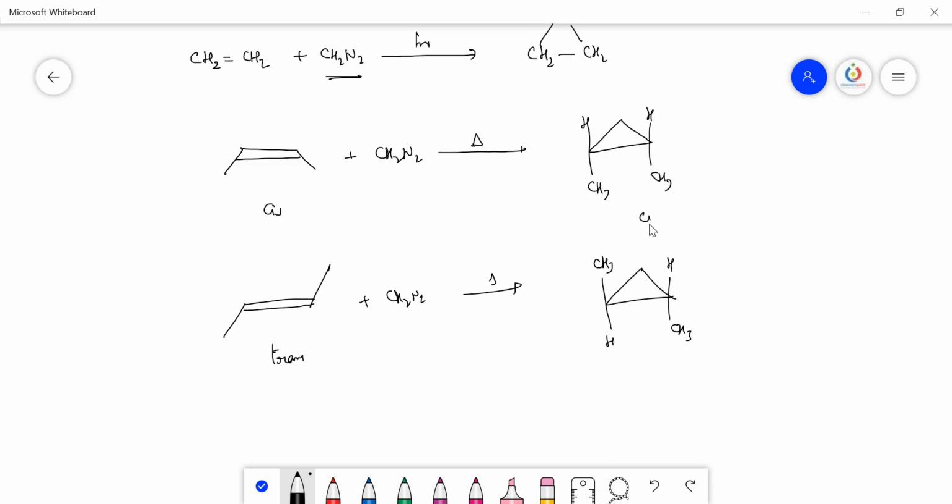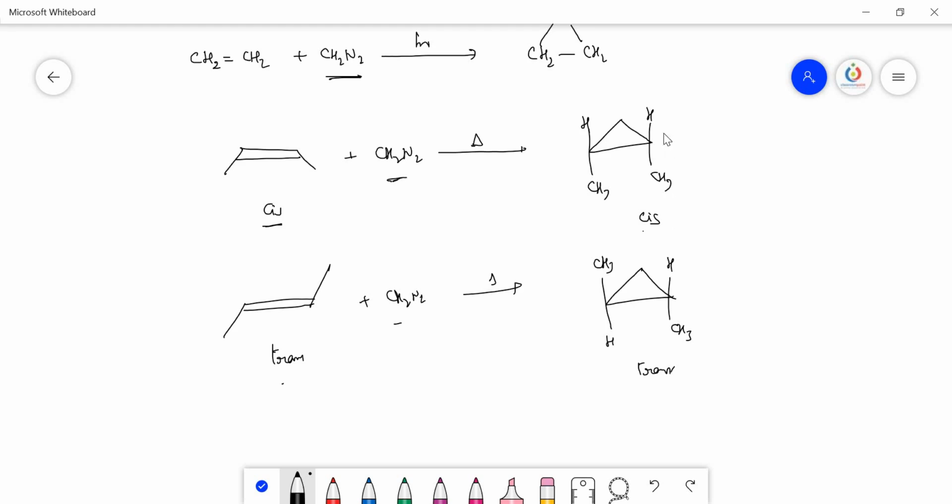Have you seen that here, this is cis, this is trans. Means they maintain their stereochemistry. So CH2N2 does not change the stereochemistry of the alkene we are taking. If you take cis molecule you get cis, trans molecule means trans.